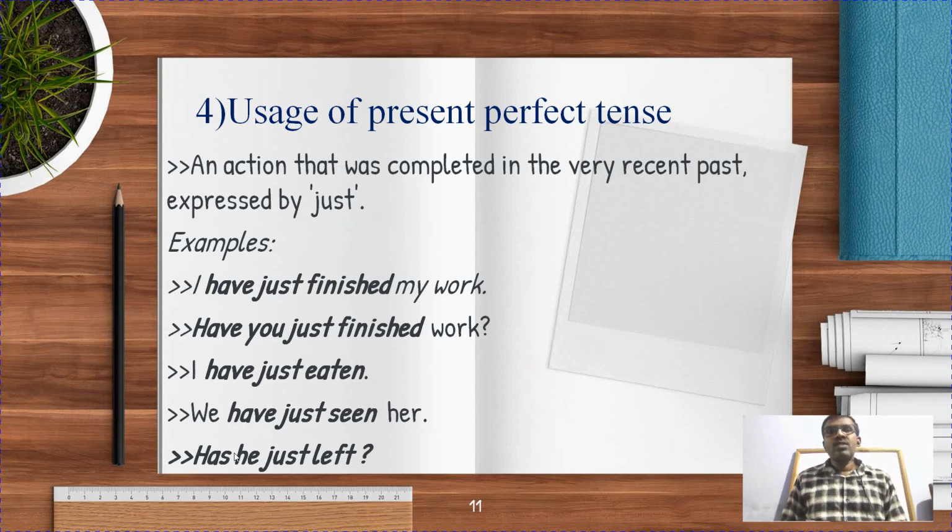So these are recently happened things, recently completed things, and things that started in the past and are going on now, unfinished actions and repeated actions. These are the basic examples in which we will often use the present perfect tense.